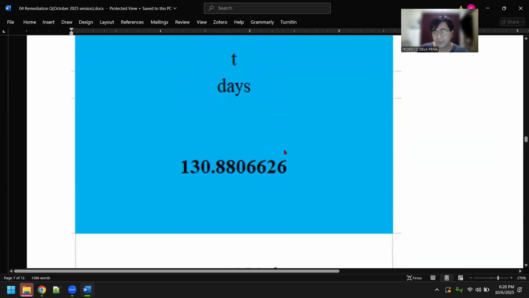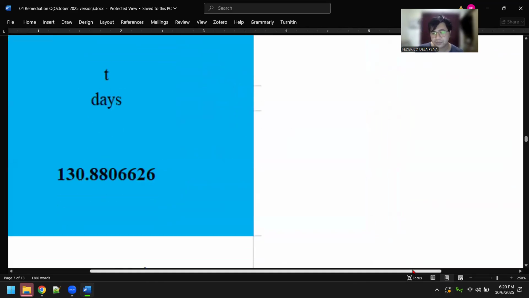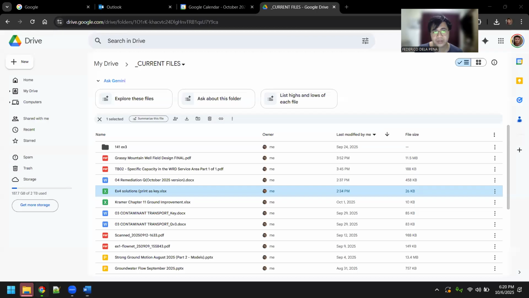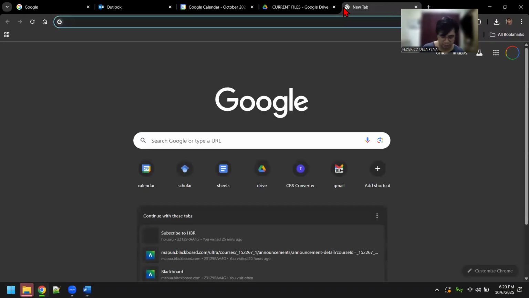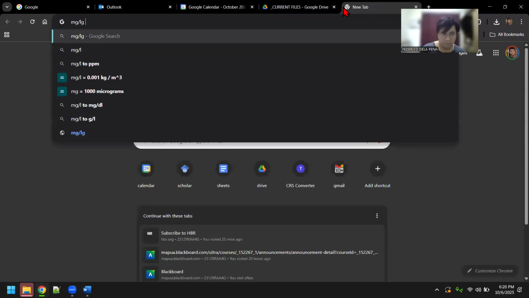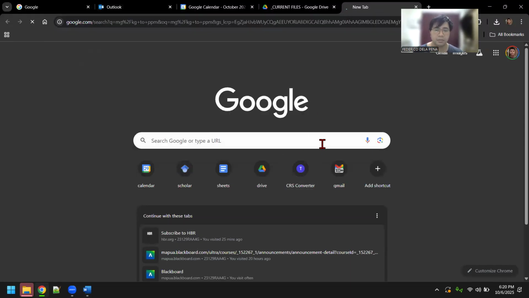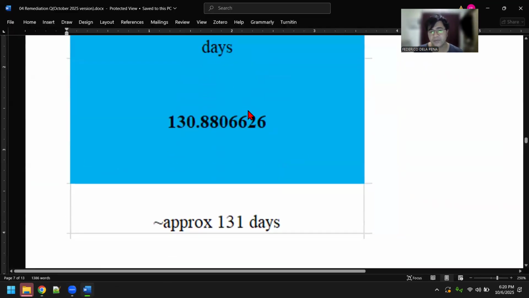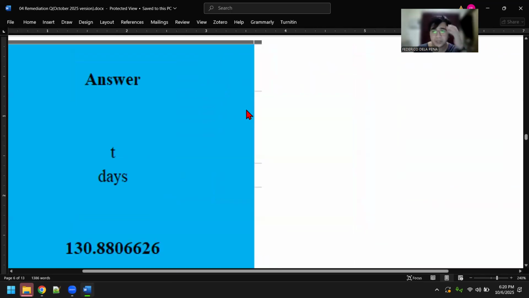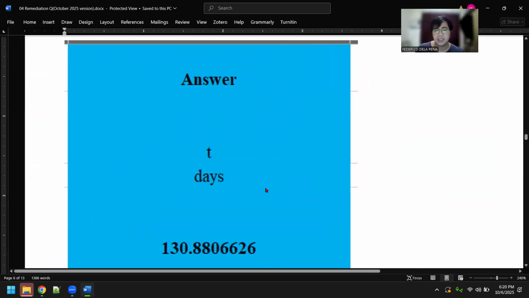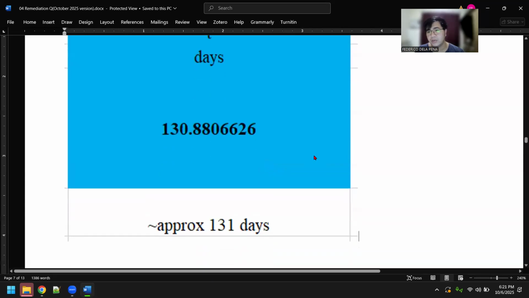That means if we are aiming for 100 milligrams per kilogram concentration, which is considered safe, it would take 131 days, or approximately at day 132.